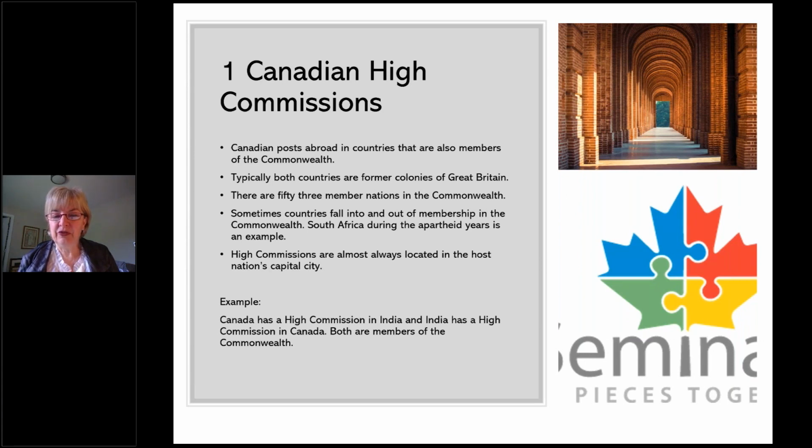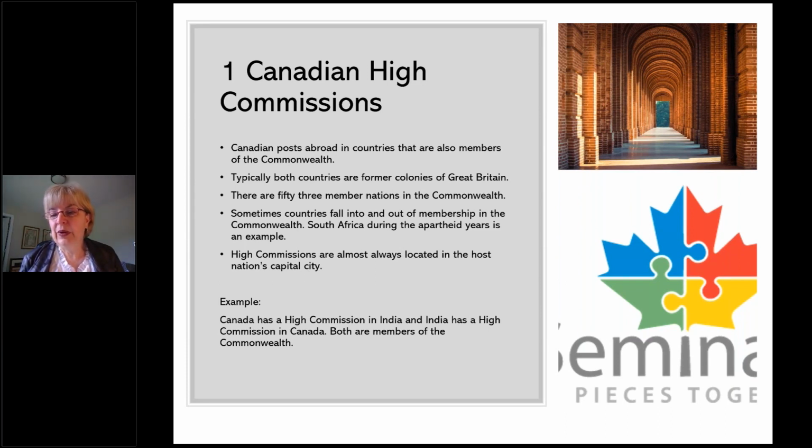For example, during the apartheid years, South Africa was not a member of the Commonwealth. They were basically excluded from the Commonwealth because of their policies with regard to apartheid. So abroad, all of their high commissions suddenly became embassies.